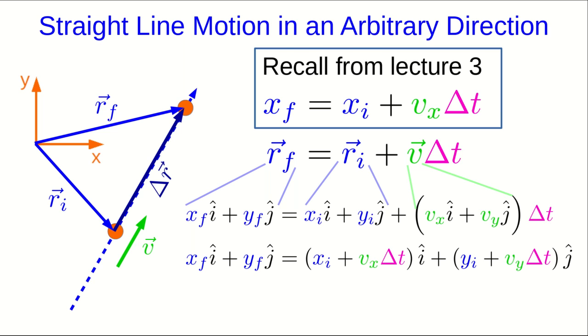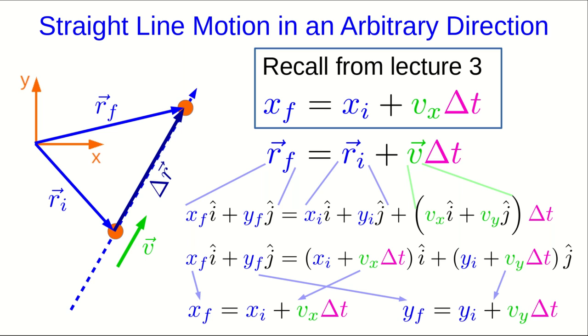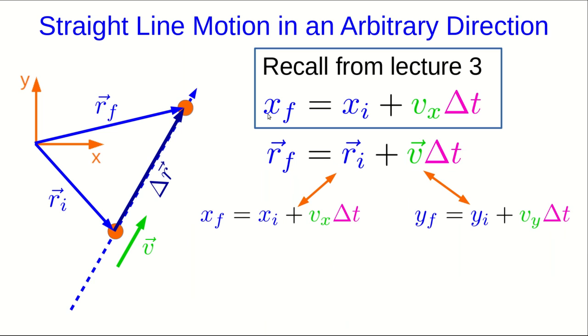So we collect all the i hats and the j hats on the right-hand side. Now, you can just pull out the i hats into one equation, and you can pull out the j hats into another equation. And notice that this equation down here for xf is exactly the one we saw back in lecture 3. And so we can rewrite this vector equation as two component equations.